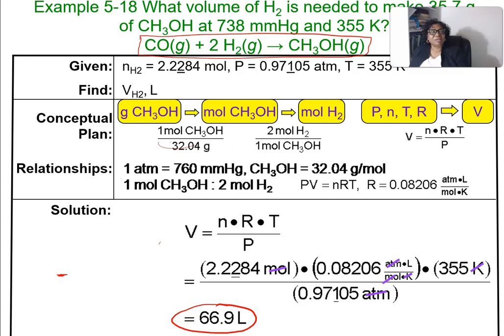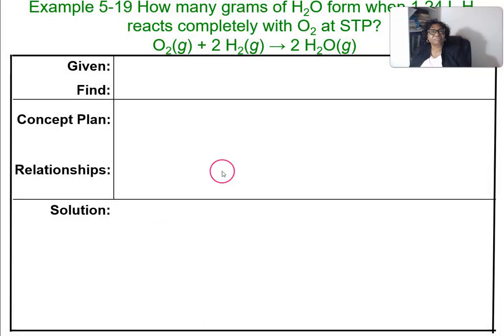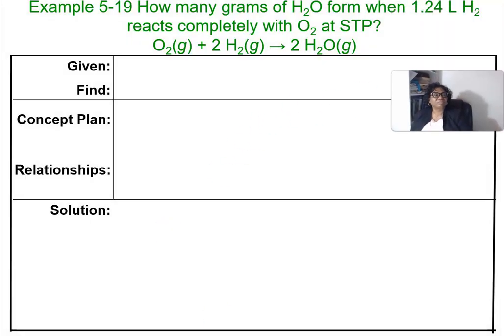Let's take another example. How many grams of water are formed when 1.24 liters of hydrogen react completely with oxygen at standard temperature and pressure? This is our balanced equation for the reaction of hydrogen and oxygen to produce water.